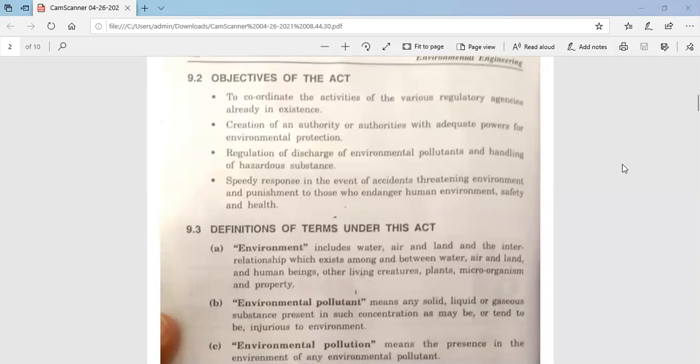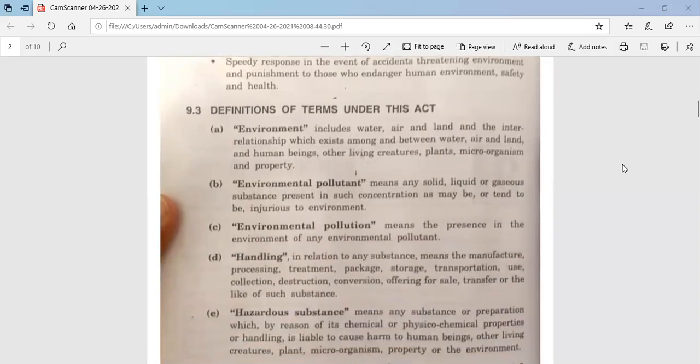So there are some definitions of terms under this act, which is first, environment. It includes water, air, and land, and the interrelationship which exists among and between water, air, and land and human beings, other living creatures, plants, microorganisms, and property. Second term is environmental pollutant. It means any solid, liquid, or gaseous substance present in such concentration as may be or tends to be injurious to the environment.